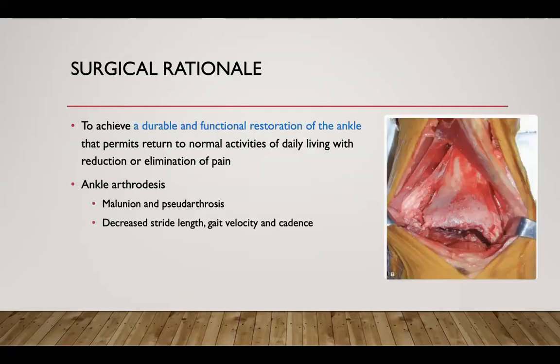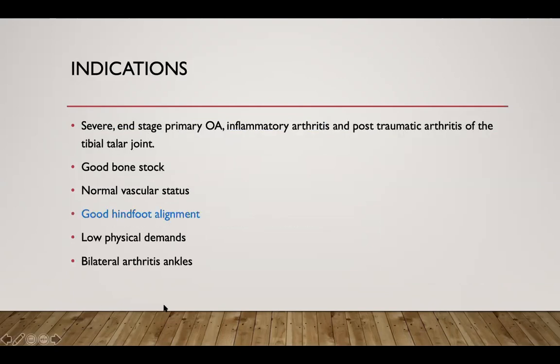So why are you going to do an ankle replacement? You want to achieve a durable and functional ankle that will allow the patient to return to normal activities of daily living. Versus an ankle arthrodesis, some reasons you don't want to do that is you can get malunion, pseudoarthrosis, and many studies have shown decreased stride length, gait velocity, and cadence. So indications: severe end-stage osteoarthritis, inflammatory arthritis, post-traumatic arthritis.